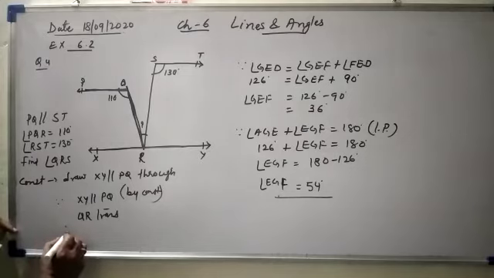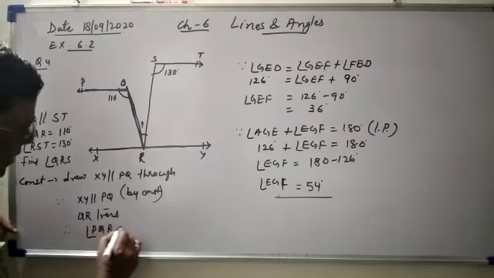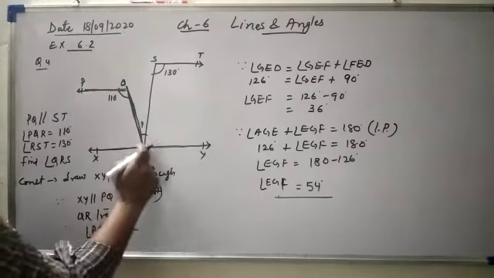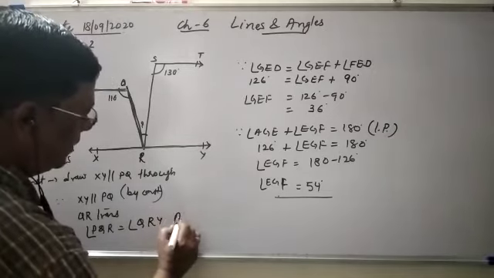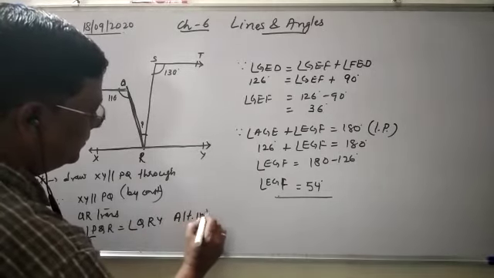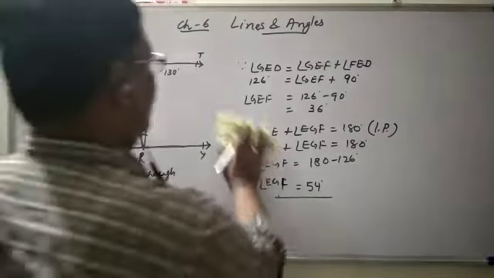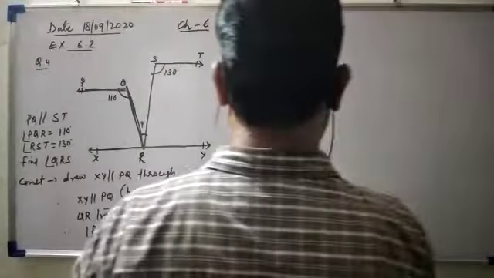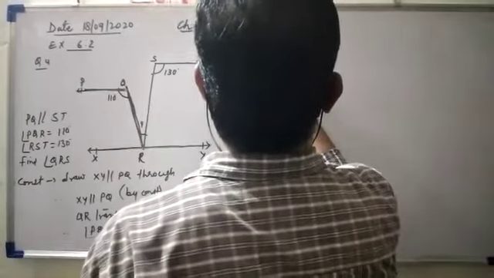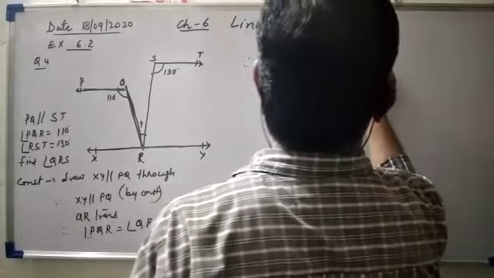So angle PQR equals angle QRY. These are alternate interior angles. We know the value of PQR, that is 110. Therefore angle QRY is 110 degrees. This is one.